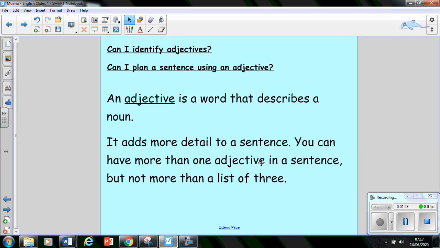Okay, just a quick reminder because we have done adjectives in school before. Just wanted to refresh your memories. An adjective is a word that describes a noun. Now a noun is the name of a place, the name of an animal or a person, or it could also be an object like a drinks bottle, a clock or a picture.